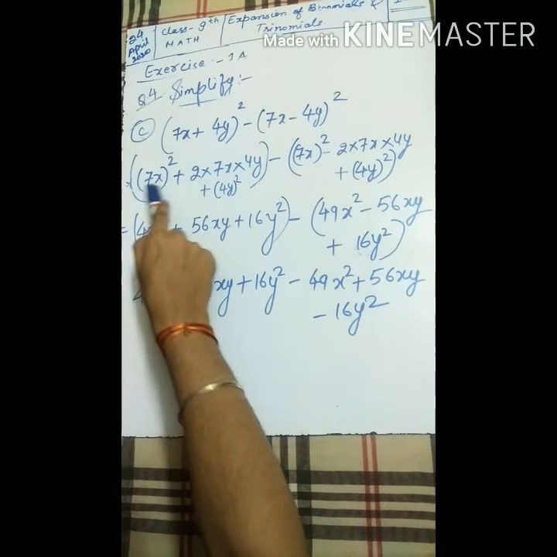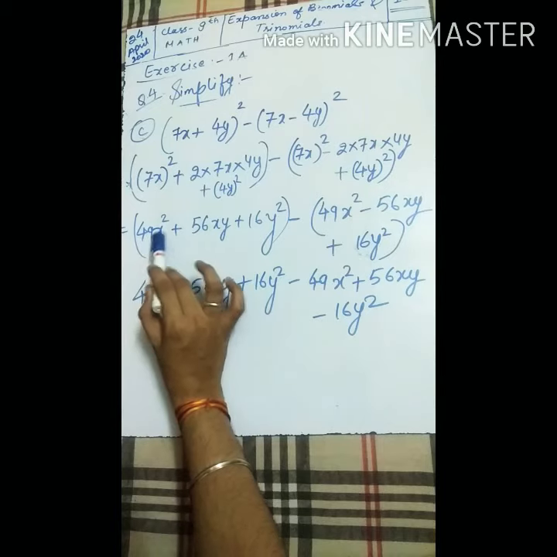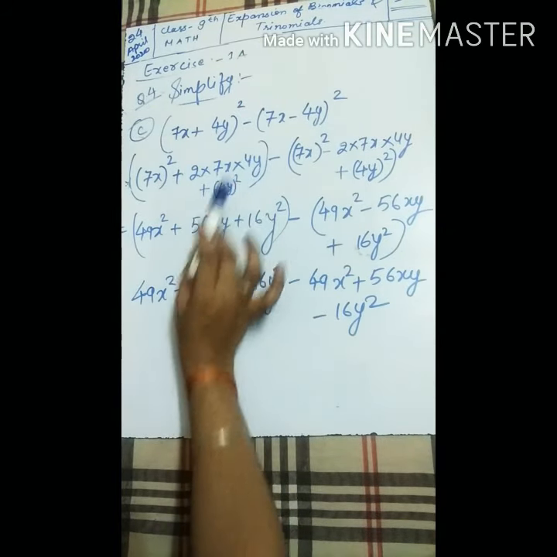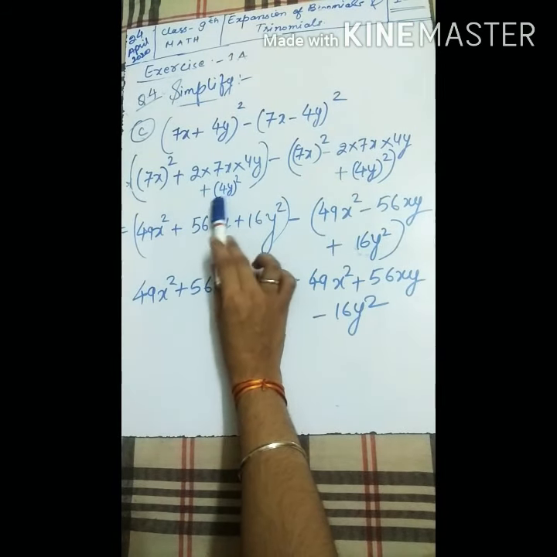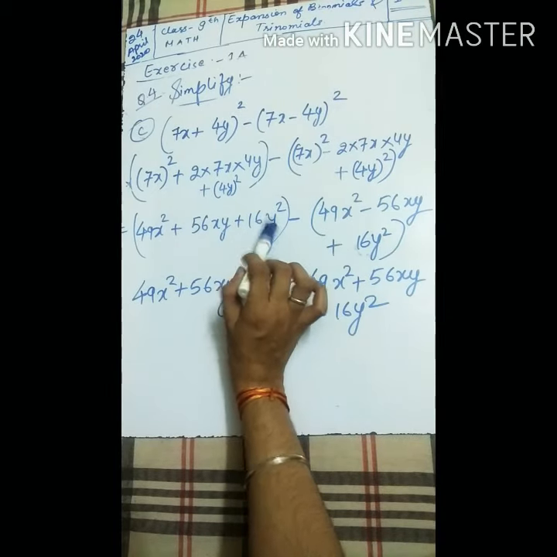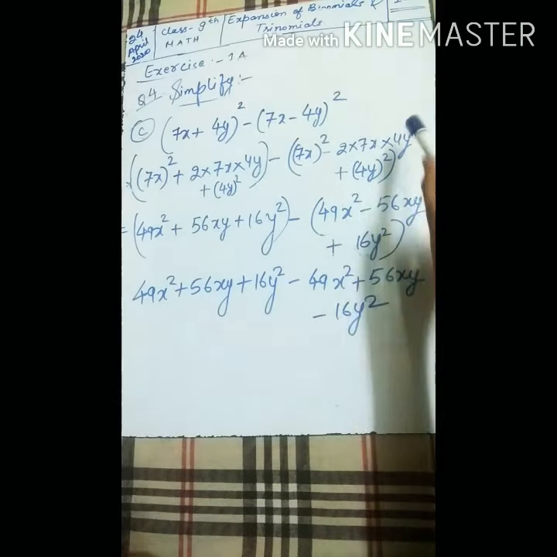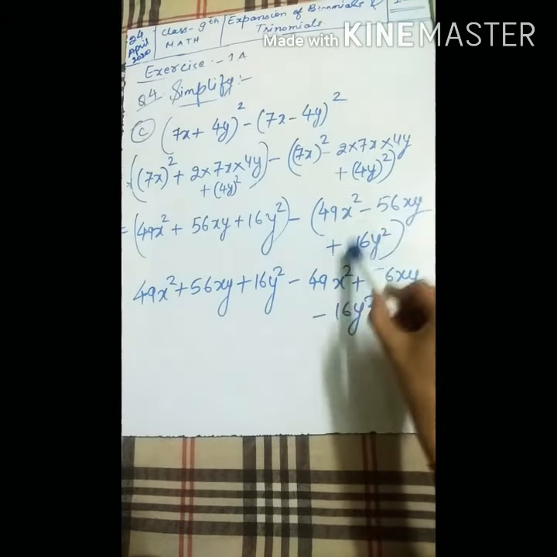All right, so 7x square is 7 square is 49, x square, plus 2 into 7 is 14, 14 into 4 will give you 56, xy. And this 4 square is 16, y square is 16y square, minus same case 7x square, this full 2 into 7 into 4 is 56xy plus 16y square.